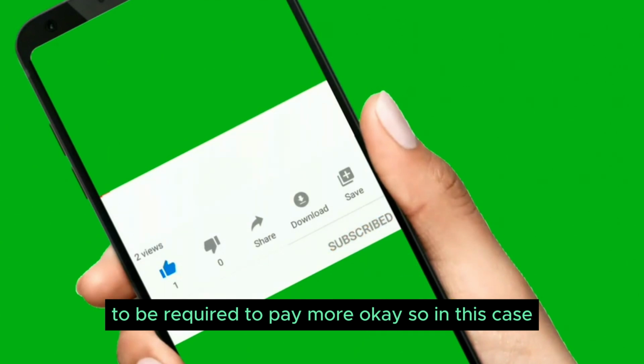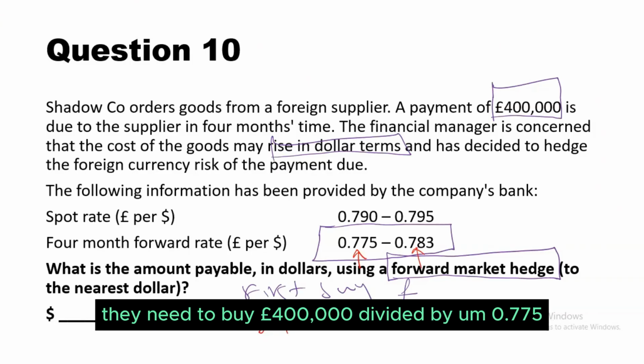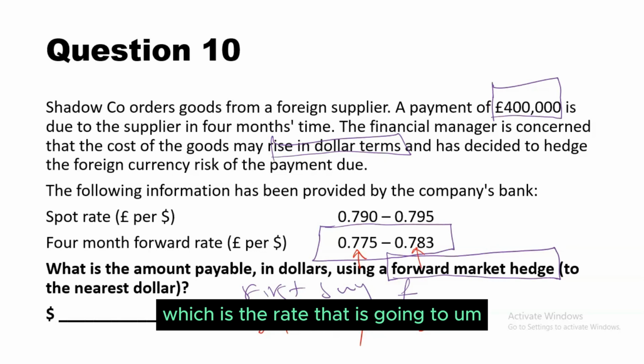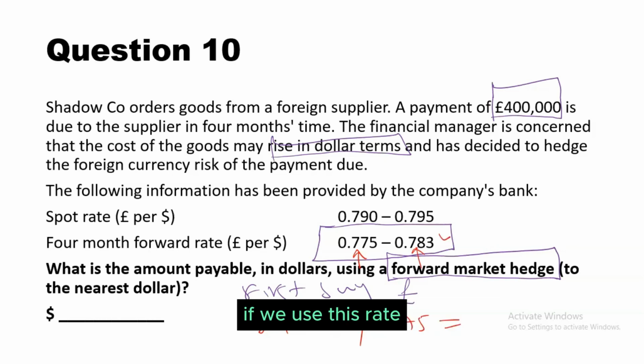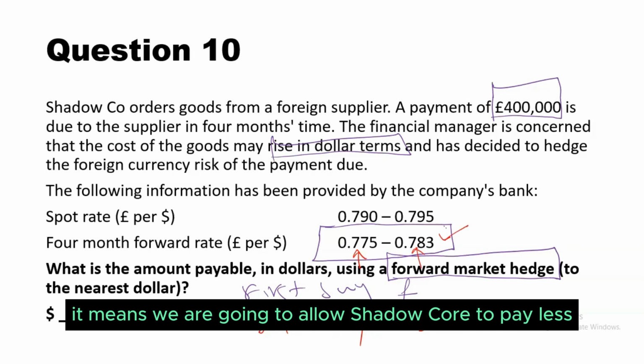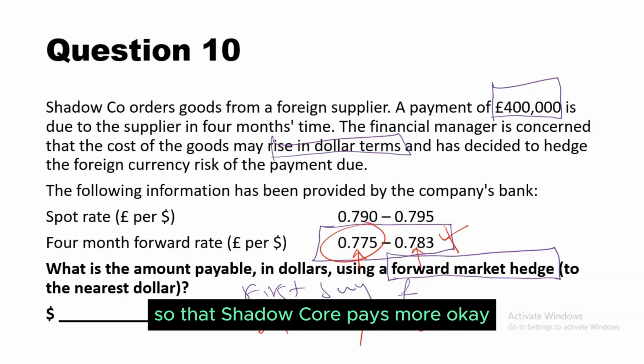So in this case, they need to buy 400,000 pounds divided by 0.775, which is the rate that is going to require Shadow Co to pay more dollars. If we use the other rate, it means we are going to allow Shadow Co to pay less. So we have to use the lower rate so that Shadow Co pays more. Okay, that's the trick.